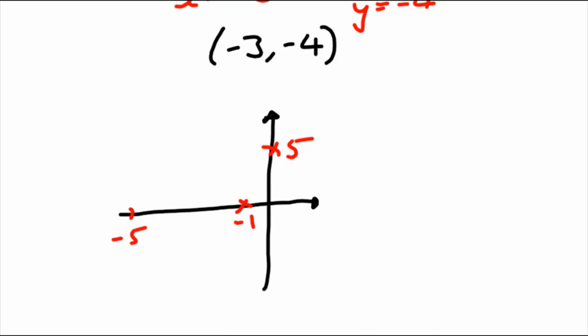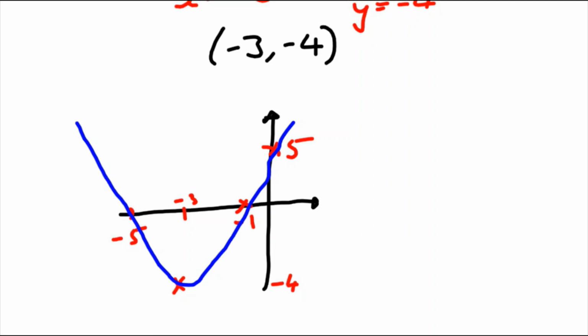And our turning point was (minus 3, minus 4). So we can now join up our graph, going through minus 5, our turning point there, going back up through minus 1 and up through that plus 5 there. So we've sketched our quadratic.